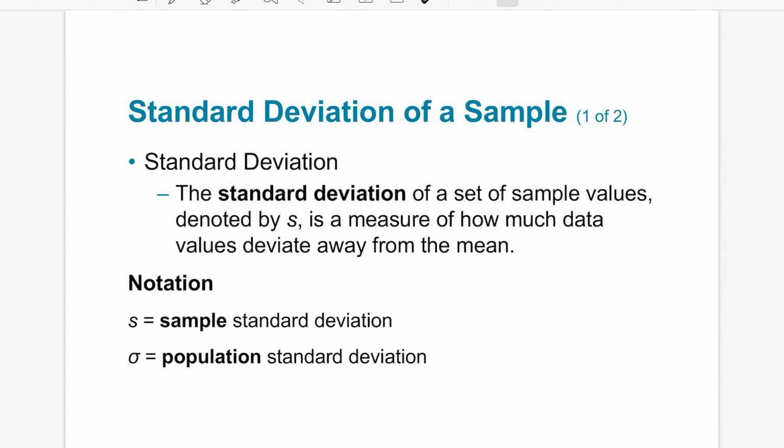Next, we are going to learn how to calculate the standard deviation. The standard deviation of a set of sample values, denoted by s, is a measure of how much data values deviate away from the mean. We use s to represent the sample standard deviation and sigma to represent the population standard deviation.